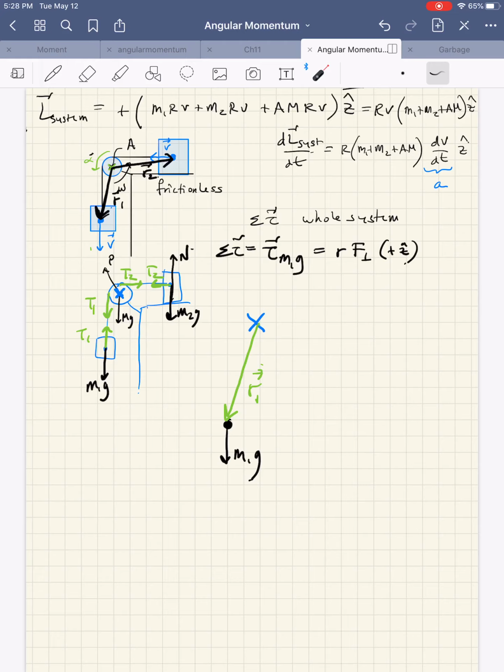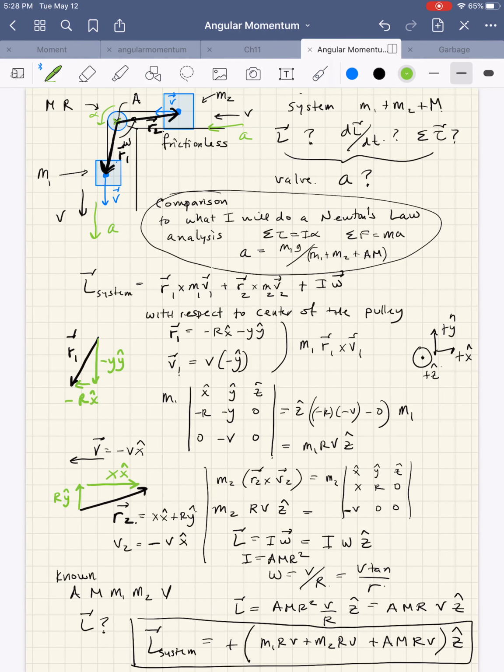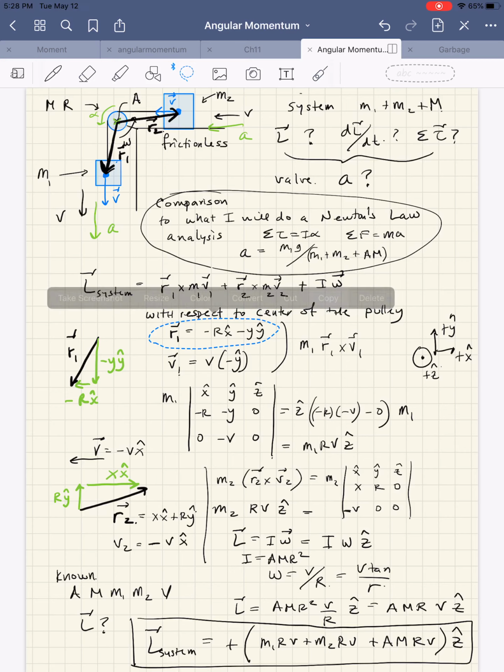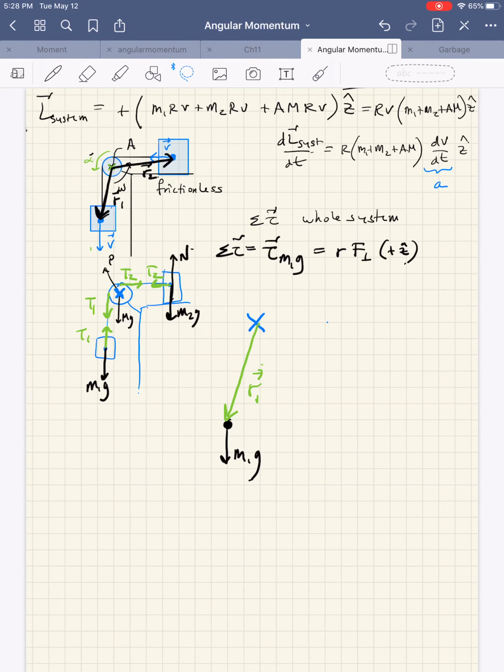You can see it. But maybe I should take this cross product. I already have R1 written out. Where are you, R1? Here you go. So let's just take the cross product: R1 crossed with the force, minus M1G y hat. So let's look at the determinant.